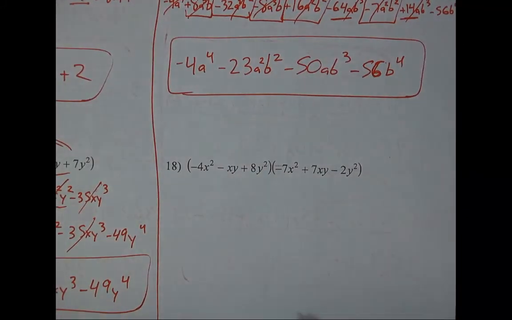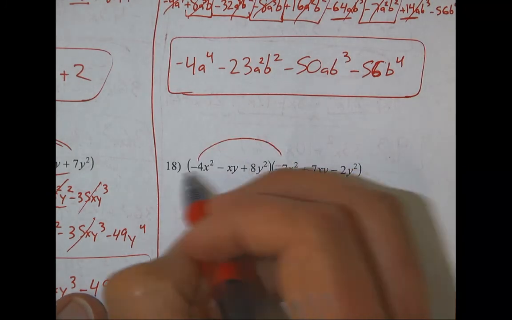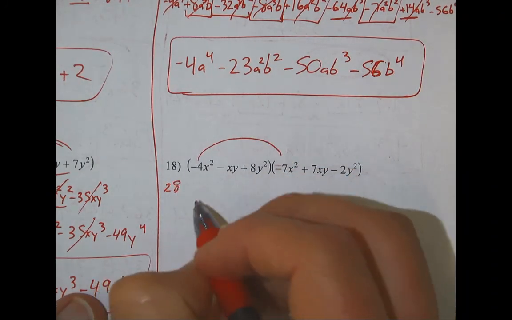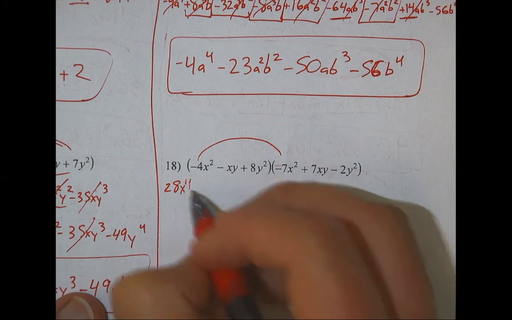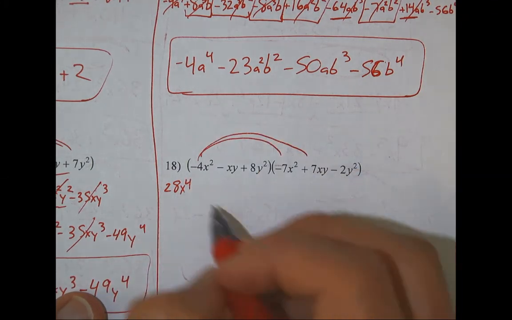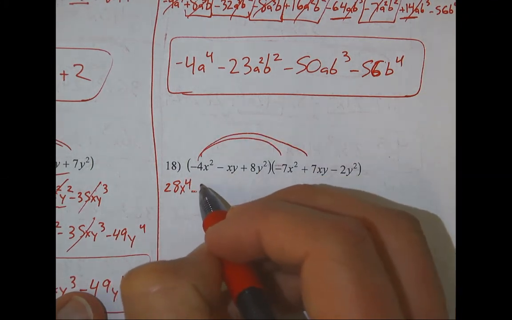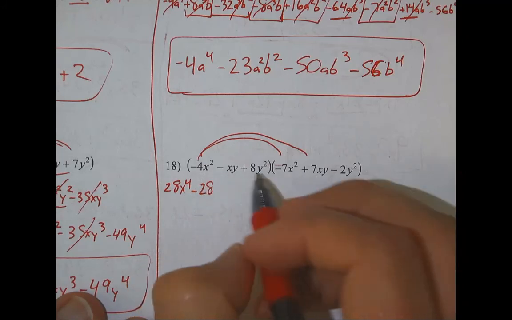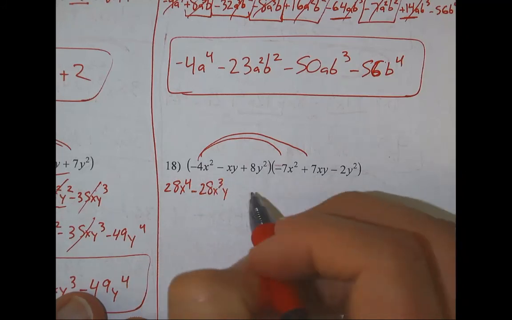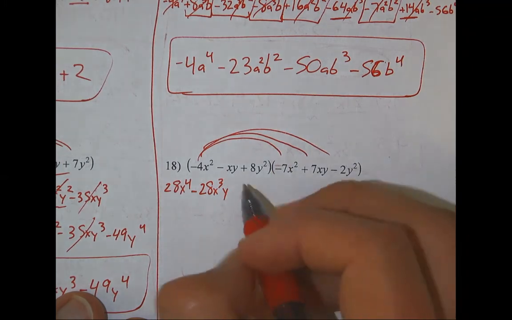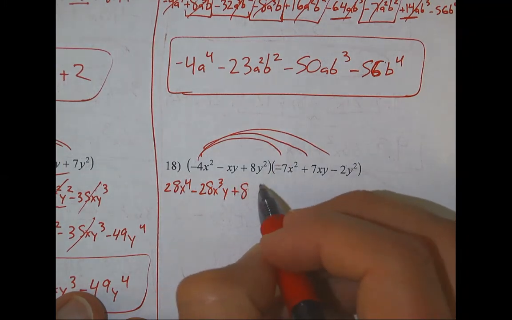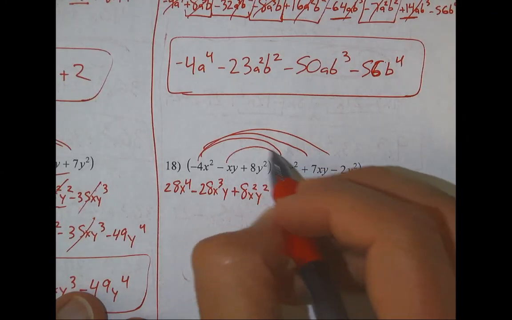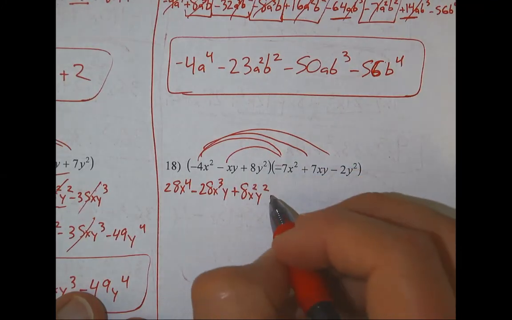Last one. Here we go. So this is a negative 1 times negative 7.